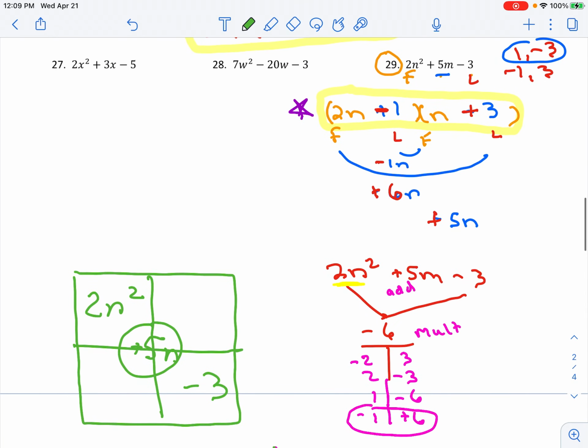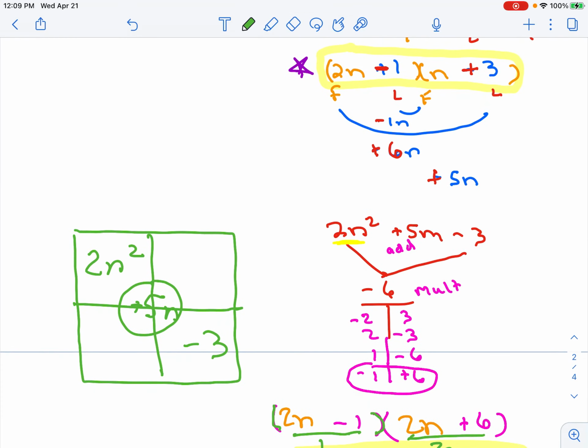Then we have to multiply the 2n squared, or the ax squared, times the c, which gives us -6n squared. So this is our ax squared times c. And then we find factors of this that would add up. So again, I'm finding numbers that multiply to -6n squared that add to 5.